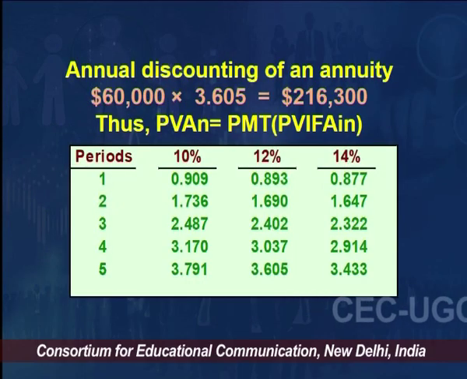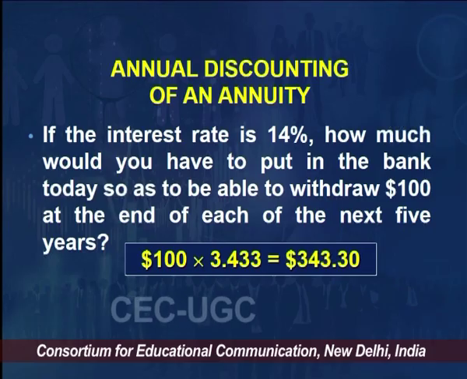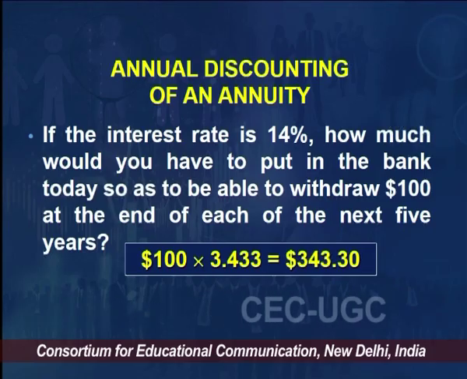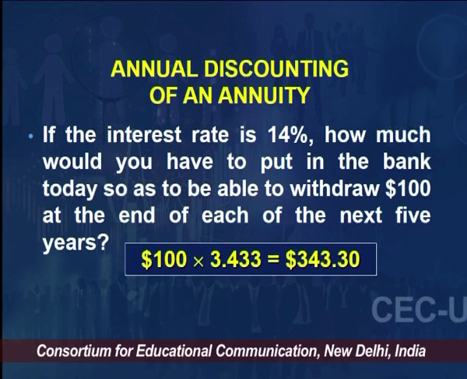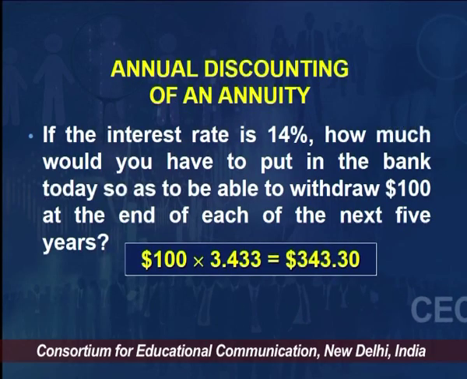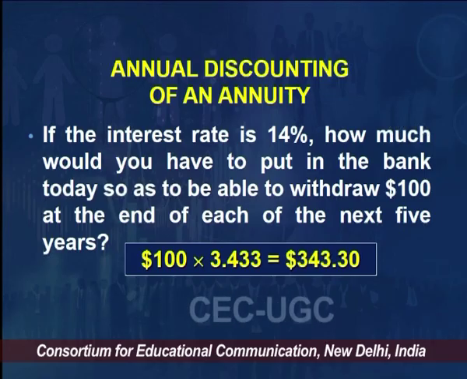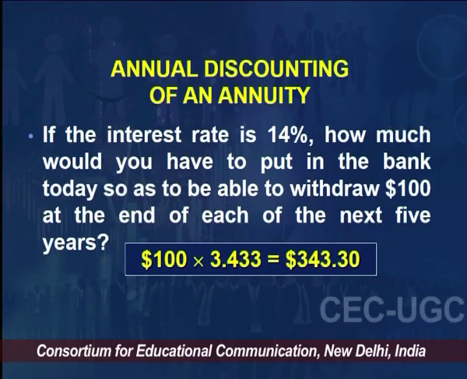This is an abstract of a table I have taken for your understanding here. Because the rate of interest is 14%, we go back to the table. At 14% for n of 5, the factor is 3.433. We multiply the factor 3.433 with $100, and we get the answer 343.30.